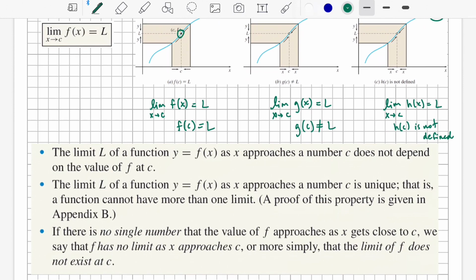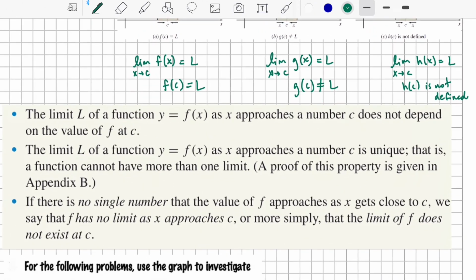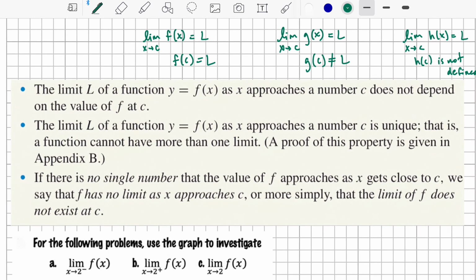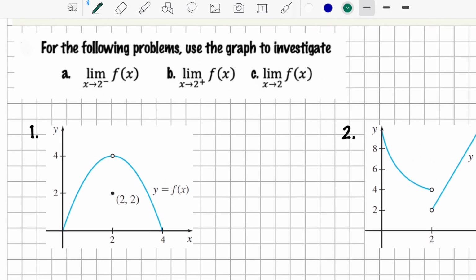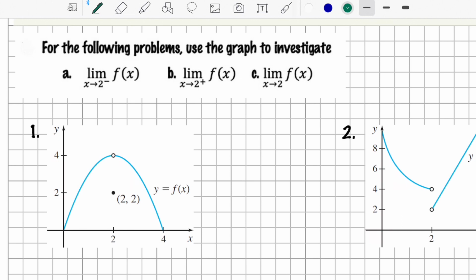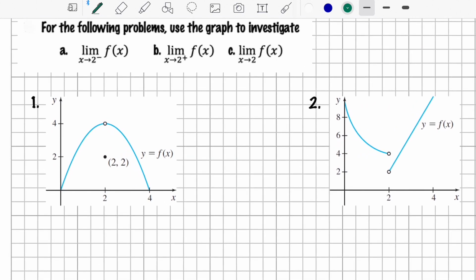Now, what I want you to do right now is pause the video and read this right here. Please, go ahead. Okay, now that you read it, we're going to do a few examples by looking at graphs. For the following problems, use the graph to investigate three things. I'm going to read it for you so you know how to read it.